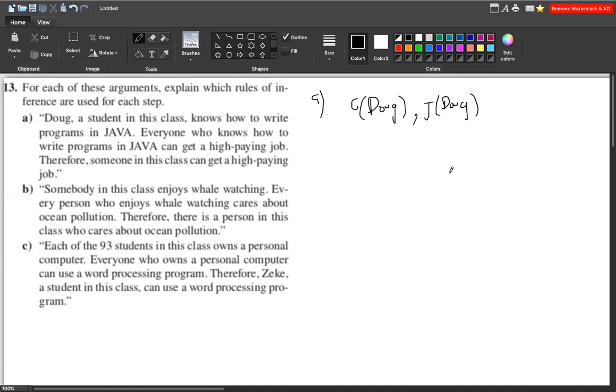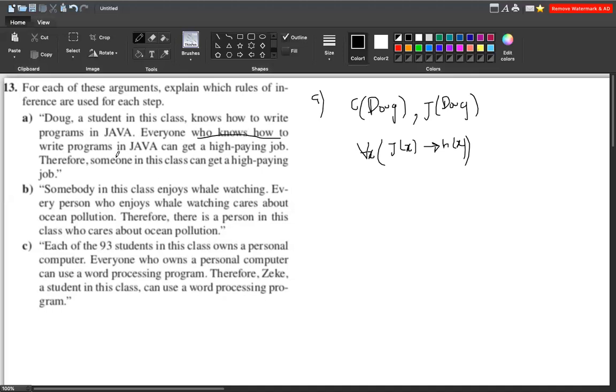And then we know that everyone, so let's say X is a student who knows Java, everyone who knows Java can get a high-paying job.